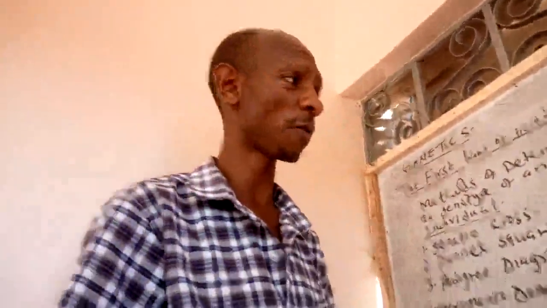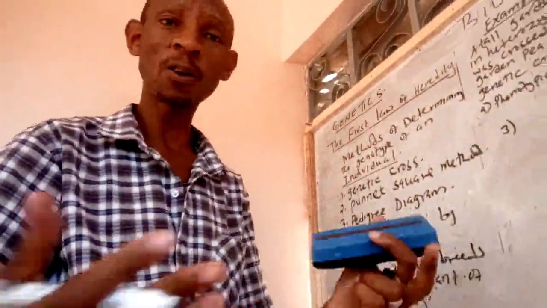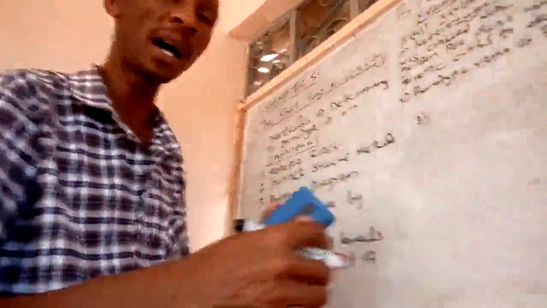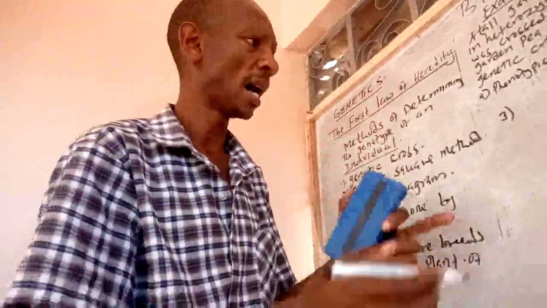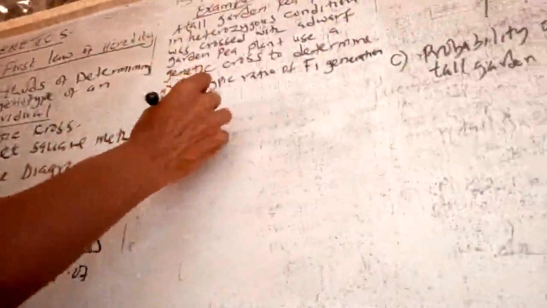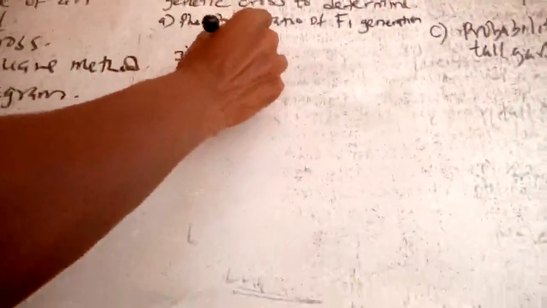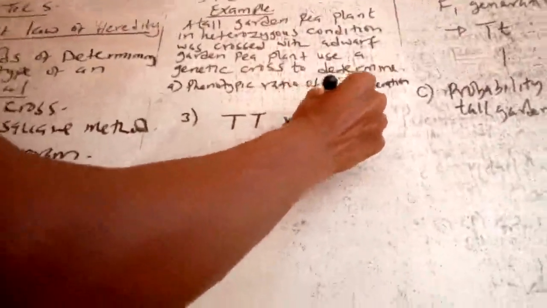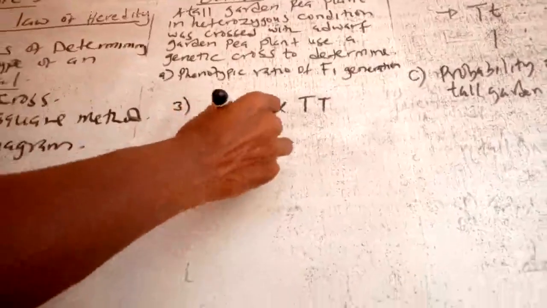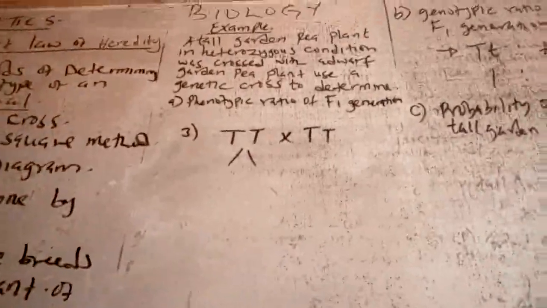He selected the tall variety and made a cross between them, actually pure ones, a pure breed and another pure breed, and after crossing he was in a position of obtaining that.